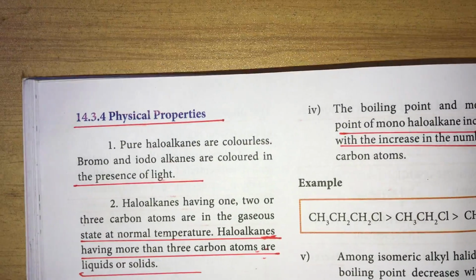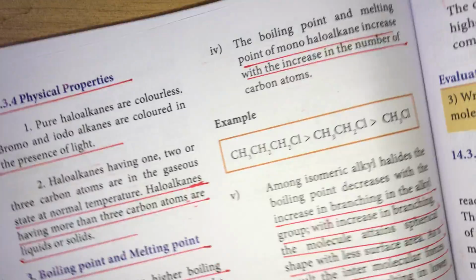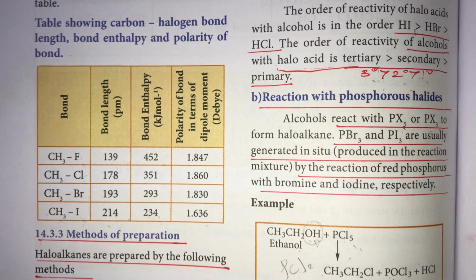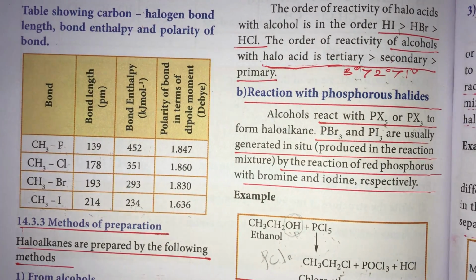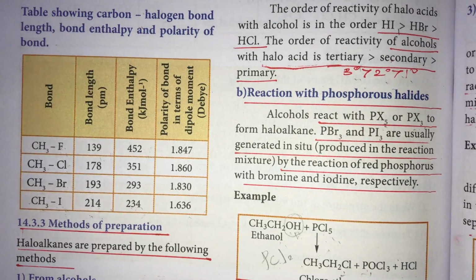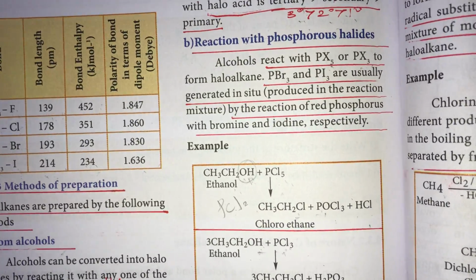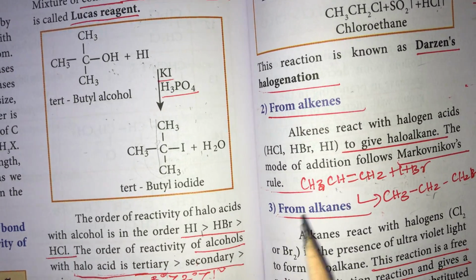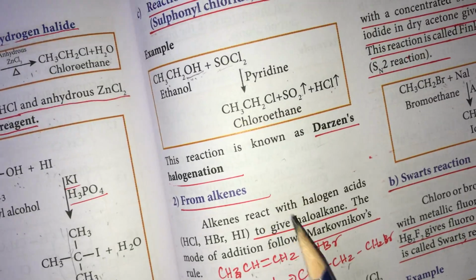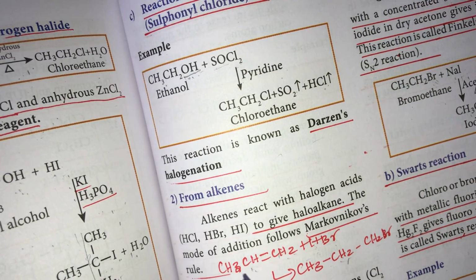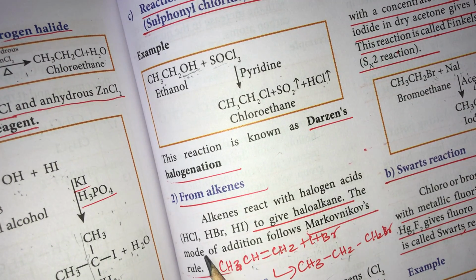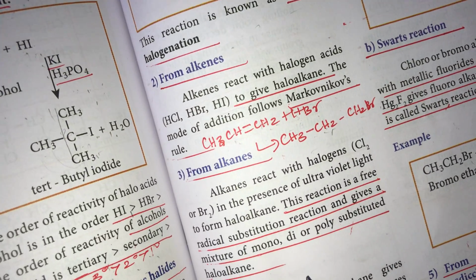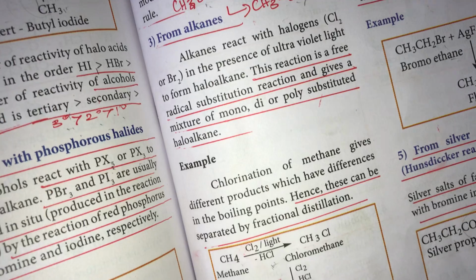Next one is the summary, so we can sum up. Alcohols react with Lucas reagent and hydrogen iodide, with phosphorus halides like PCl5 and PCl3, and by the Darzens reaction of alcohol with thionyl chloride. The reaction of alkenes with halogen acids forms the stable product by following Markovnikov's rule.